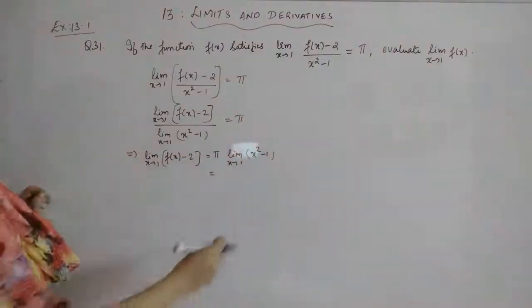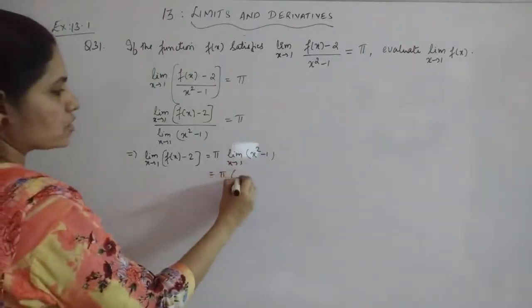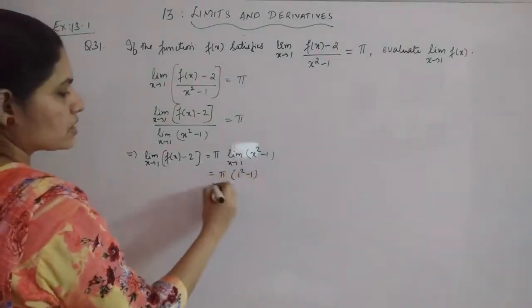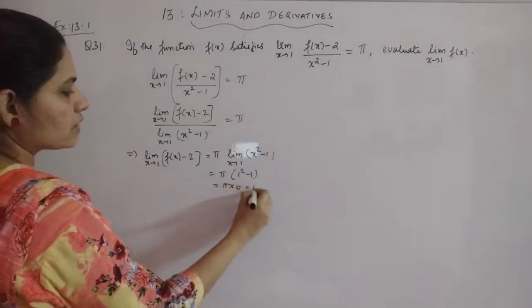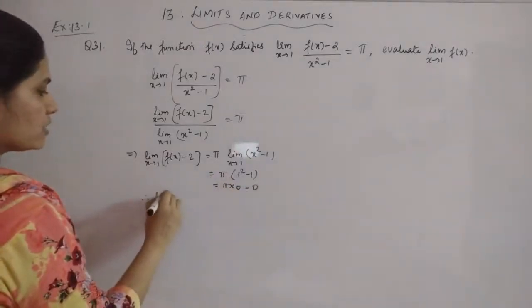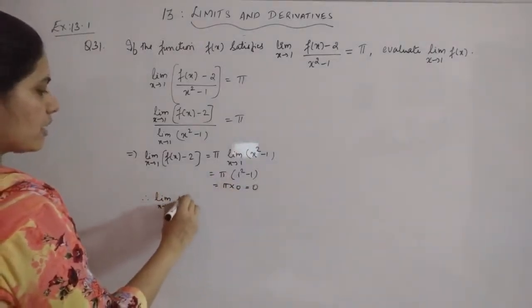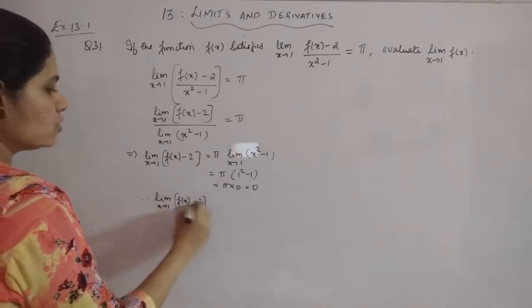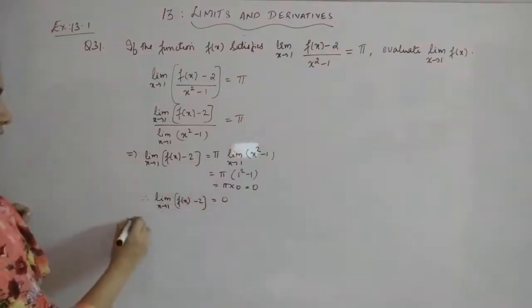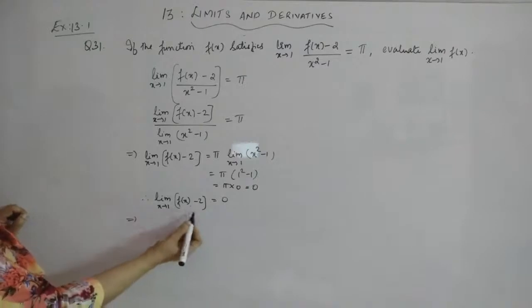Now applying the limit on the right hand side, you will get pi into 1 square minus 1, which is pi into 0, that is 0. So what you have got is limit x tends to 1 f of x minus 2 is equal to 0. Now we are splitting the limit again, giving it to both the terms.